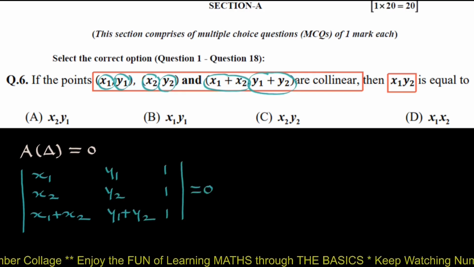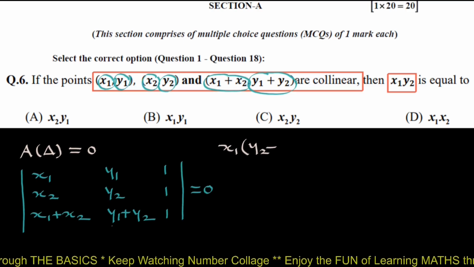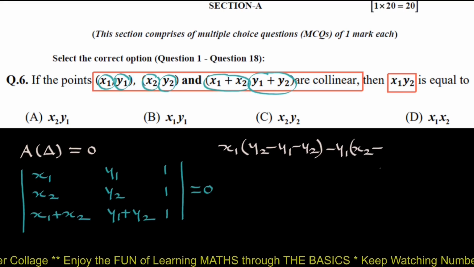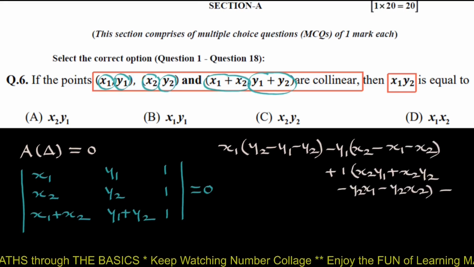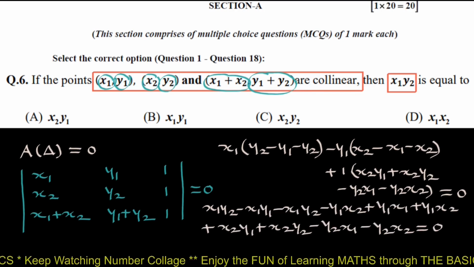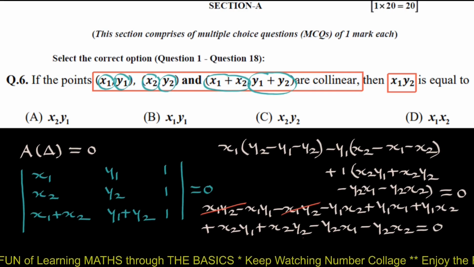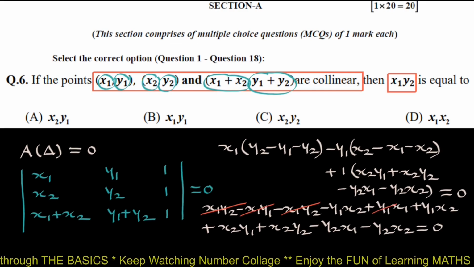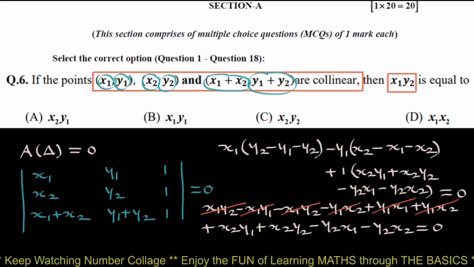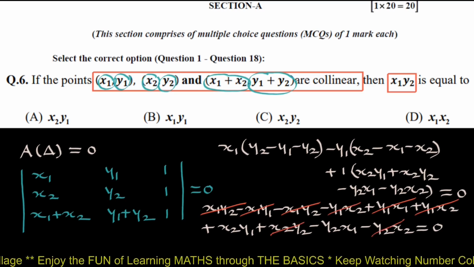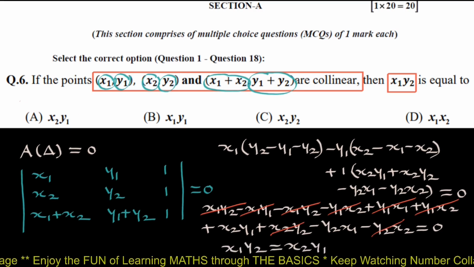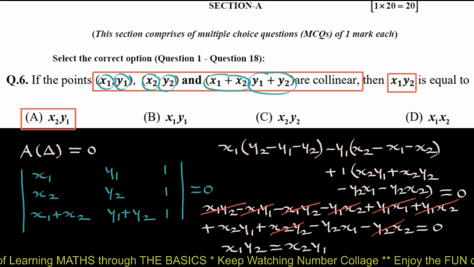Solving this determinant, x1 into y2 minus y1 plus y2 minus y1 into x2 minus x1 minus x2 equals 0. x1 by 2 minus x1 by 1 equals 0. x1 by 2 minus x1 by 2, 0 minus x1 by 1 plus x1 by 1, 0, y1 x2 minus y1 x2, 0, x2 by 2 minus x2 by 2, which gives x1 by 2 equals x2 by 1. So the answer option is A, x2 by 1.